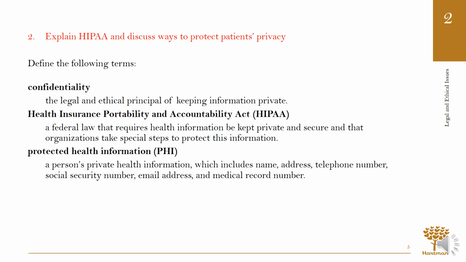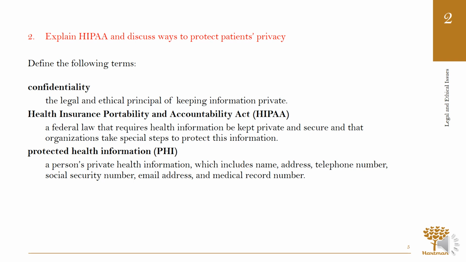Protected health information, PHI, is information that can be used to identify a person and that relates to the patient's physical or mental condition, any health care the person has had, and payment for the health care. Examples of PHI include a person's name, address, telephone number, social security number, email address, and medical record number. Only people who must have information to provide care or to process records should know a person's private health information.